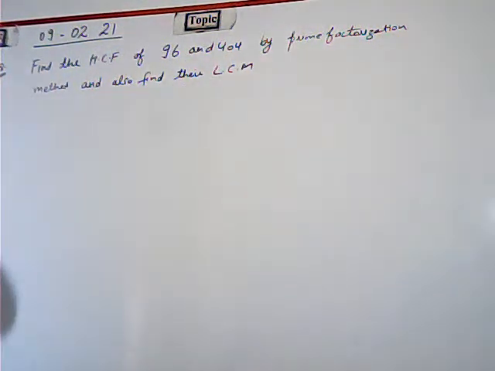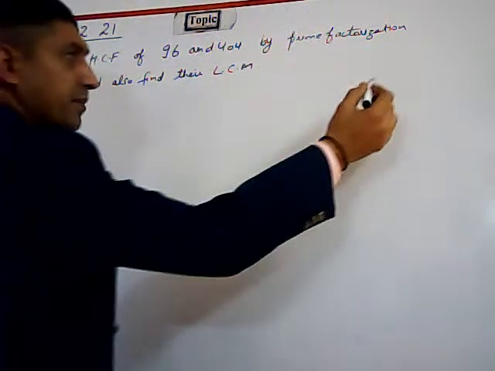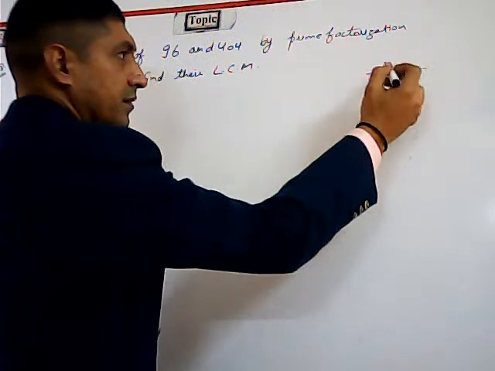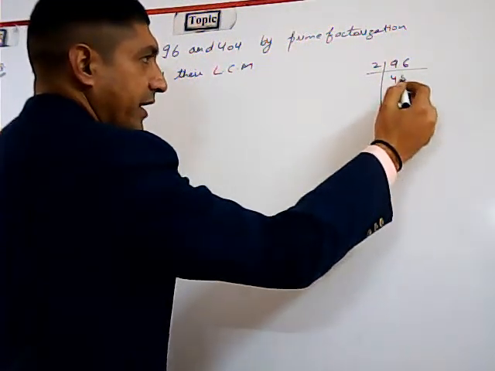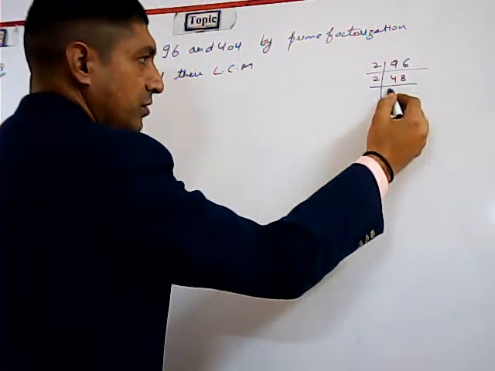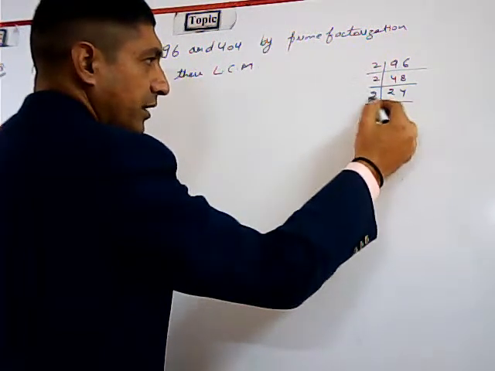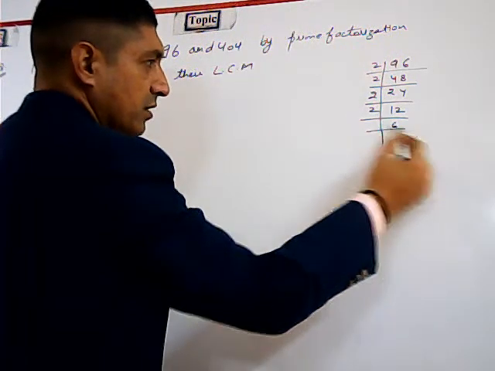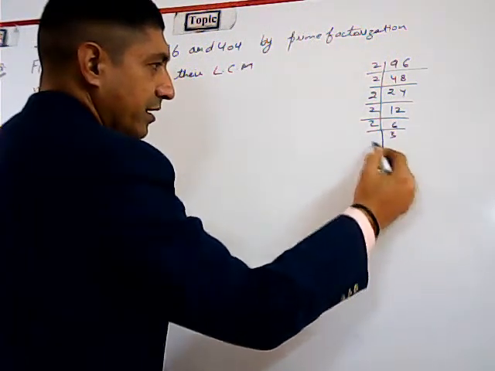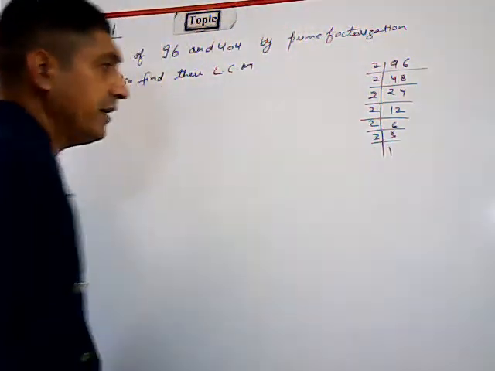Right? So here, 96 prime factors: we can take 96, that is 2 into 48, again 2 into 24, again 2 into 12, again 2 into 6, 2 into 3.